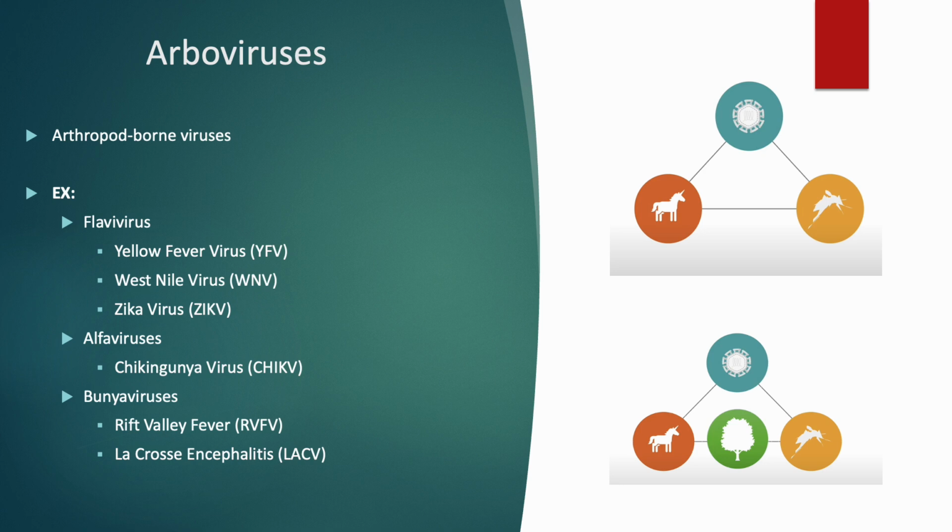One that I didn't list that's commonly known is dengue virus as well. Then we have alphaviruses, consisting of chikungunya. And from the bunyaviruses, we have Rift Valley fever and La Crosse encephalitis, which were covered in the chapter.